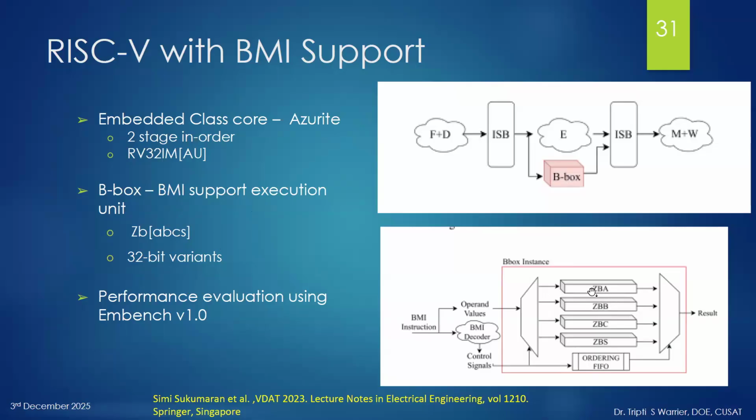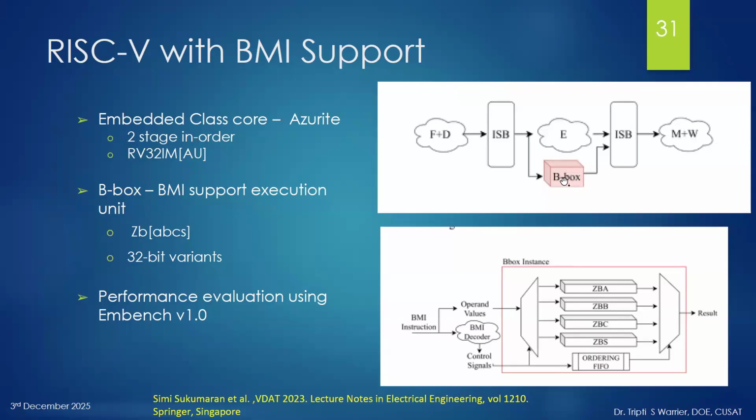For each sub extension we have a different hardware to execute that instruction, and based on the control signal, that is the opcode, we will be able to identify to which hardware it is going to be mapped, and then that hardware is responsible to generate the result. So this is what happens inside VBox.